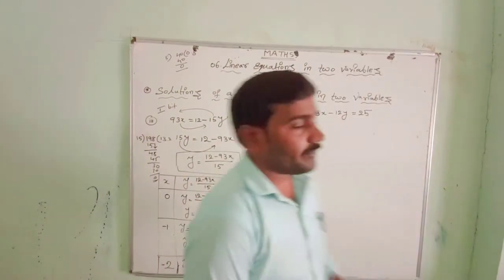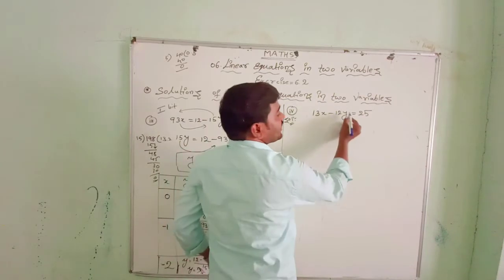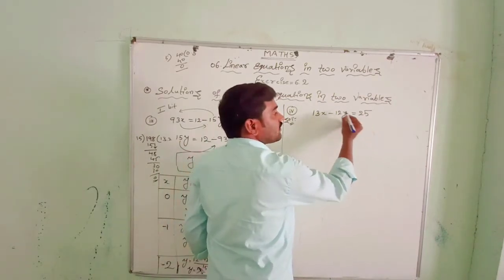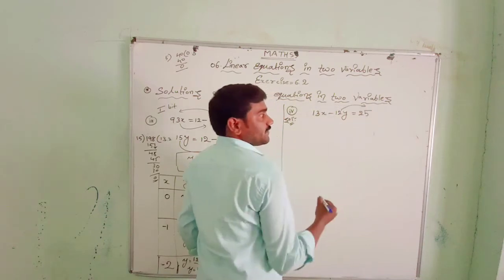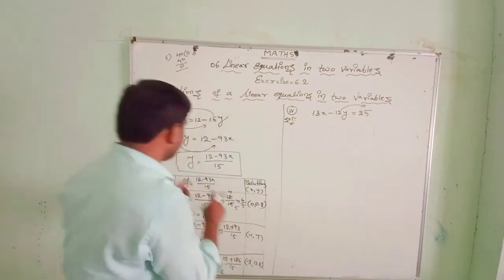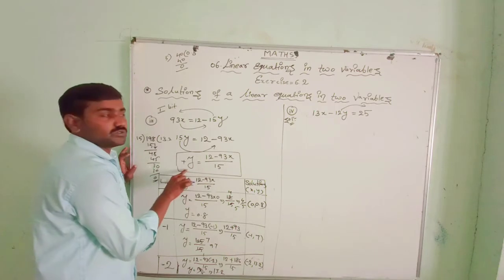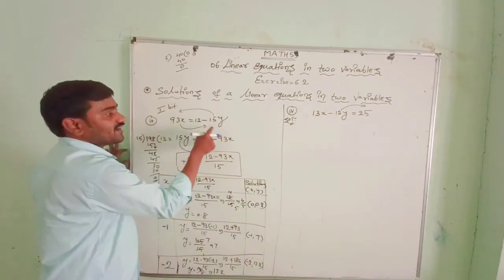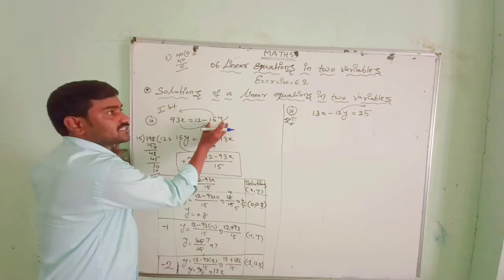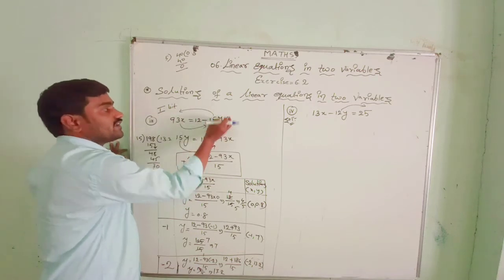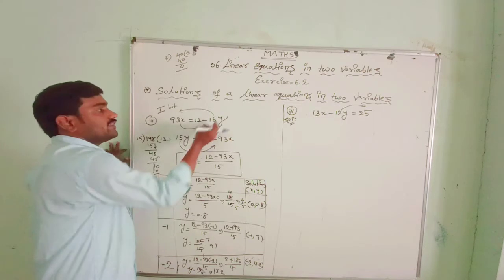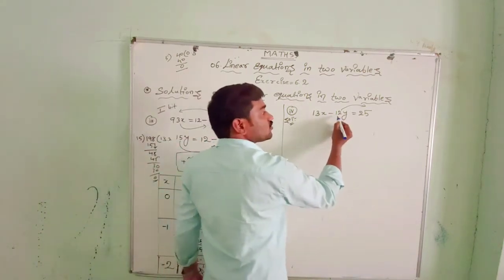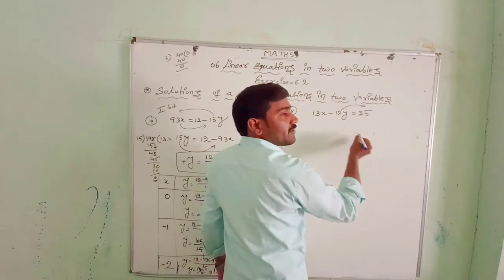Then see that here y is negative. What will we do? Instead of sending 13x, we'll send this y to the other side, because y should always be positive. What I said, to change the y to positive, I will send it to the other side, so it becomes plus 12y.